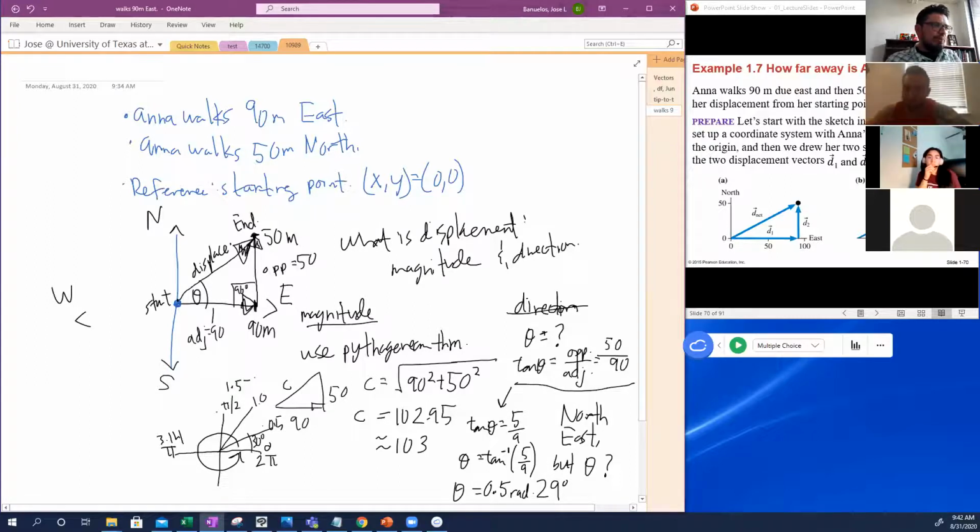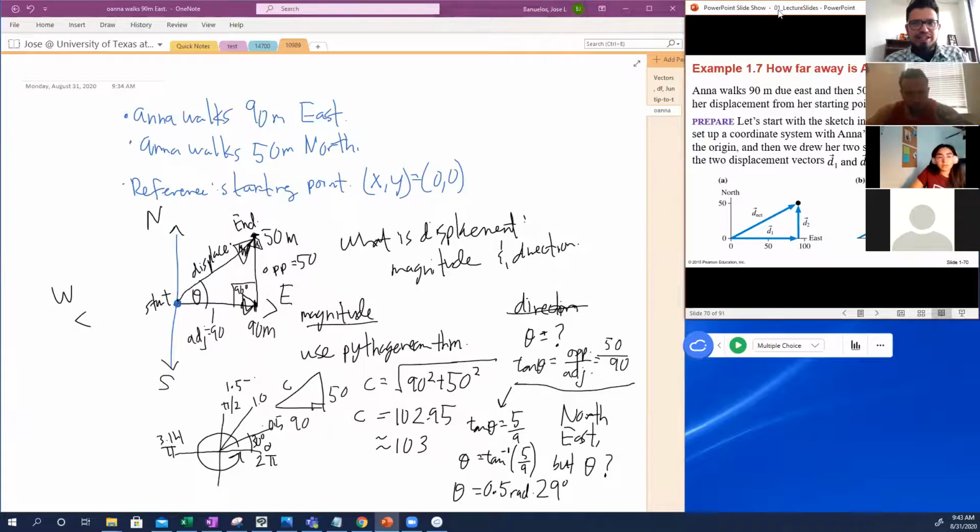So probably that 29, it depends on what numbers you use to do a tangent. If you use exactly 5 and 9, then I am curious because 0.5 should be exactly 30. Any other person wants to chime in there? So I guess the only lesson here is 0.5 was an answer in radians.